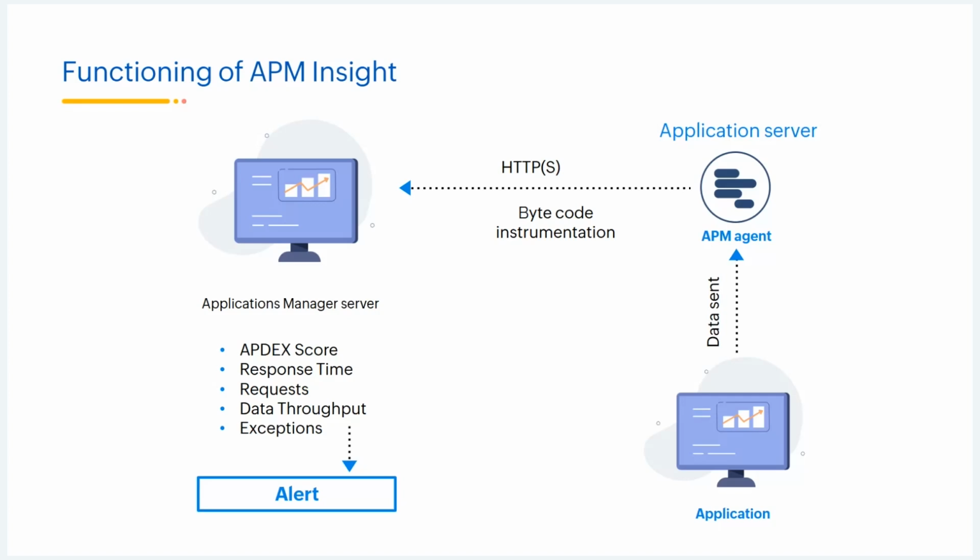The agent within the application server utilizes bytecode instrumentation technology to track individual users' transactions as they navigate through the application stack. Then it sends this transaction data to the applications manager at a fixed time interval, and this approach enables detailed monitoring of transaction performance, facilitating the identification of bottlenecks or any performance issues.